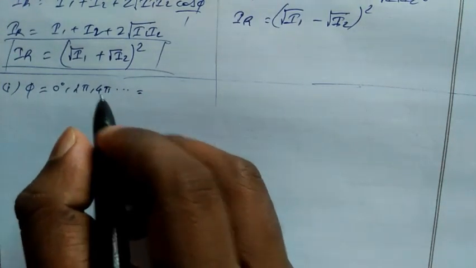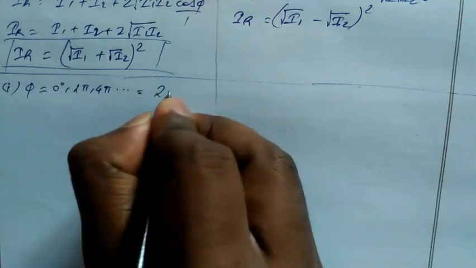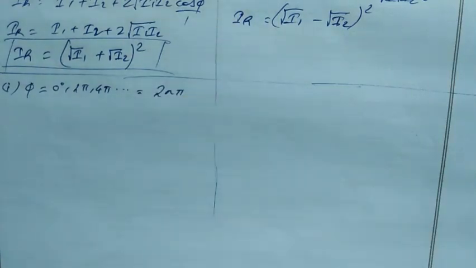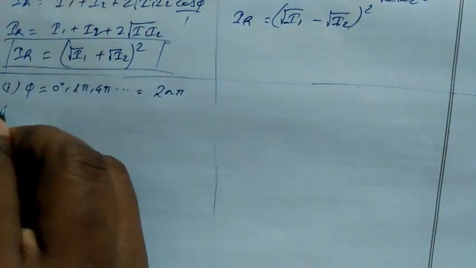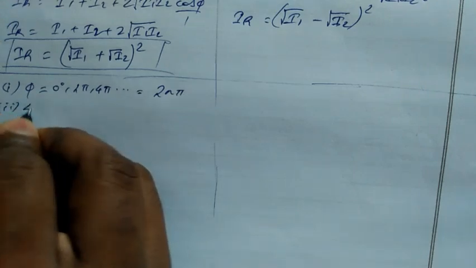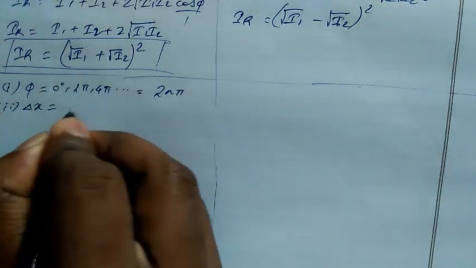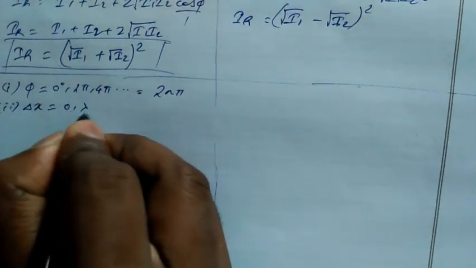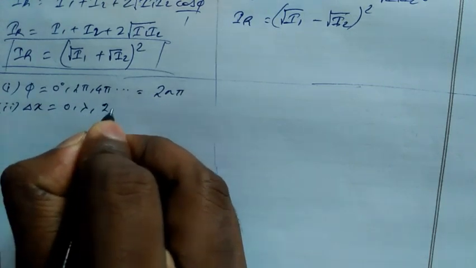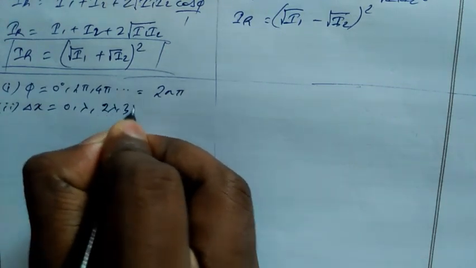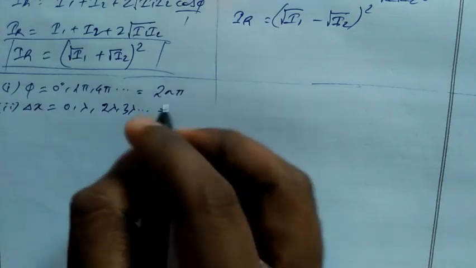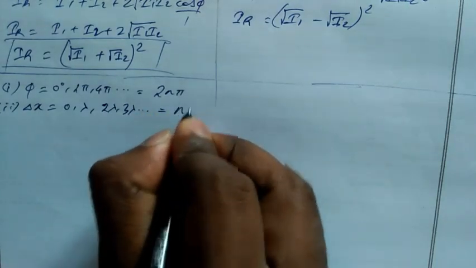Up to the phase difference 2n pi for constructive. Then path difference starts from 0, lambda, 2 lambda, 3 lambda, up to n lambda.